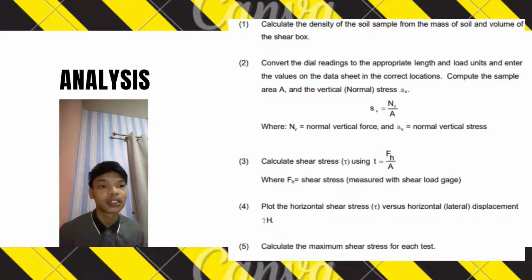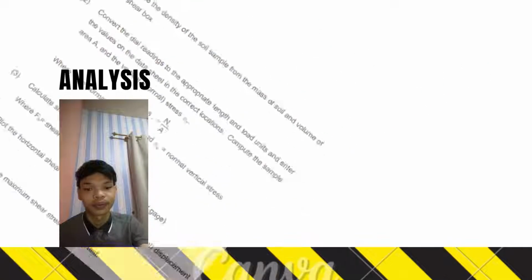SV equals N over A, where N is the normal vertical force and SV is the normal vertical stress. 3. Calculate shear stress using T equals F over A, where F is the shear force measured with the shear load gauge. 4. Plot the horizontal shear stress versus horizontal lateral displacement. 5. Calculate the maximum shear stress for each test.